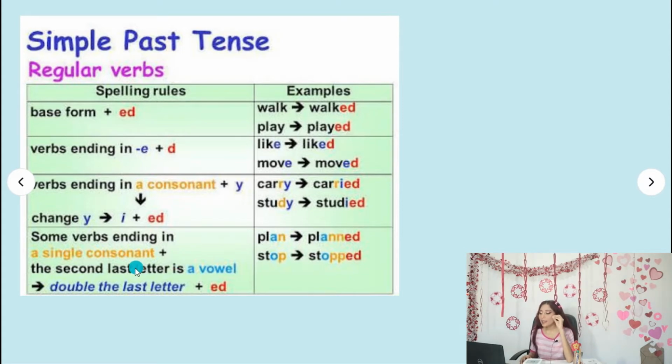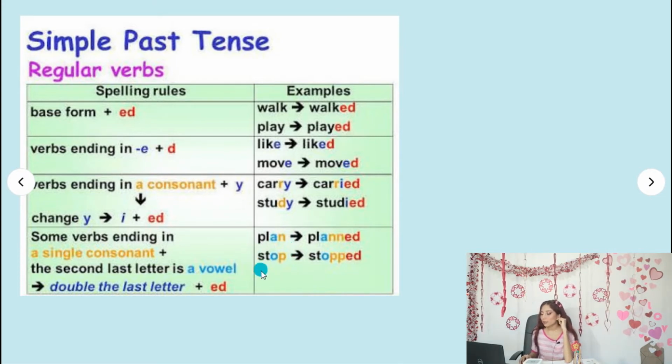Okay? So, also another rule for the verbs, that some of the verbs end with a single consonant and the second to last letter is a vowel. Okay, so in this case you are going to count backwards. We are going to review these words from back to front. So for example, here you have the single consonant, and the vowel is in here. Plan.